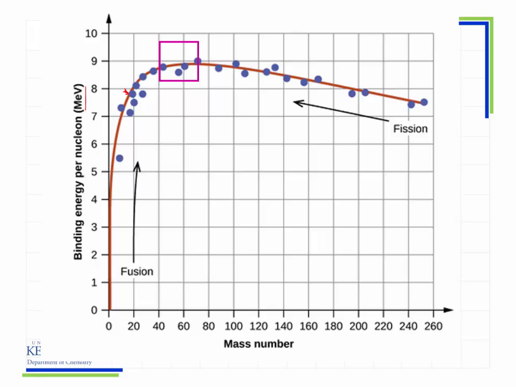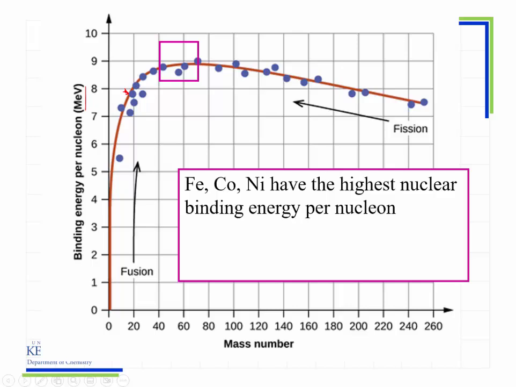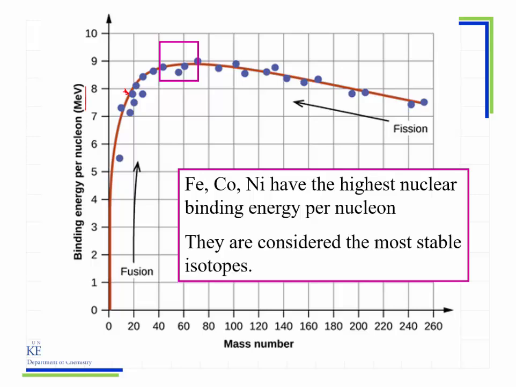Now, up here at the top where you see that pink box, these are the elements with the highest nuclear binding energy per nucleon. They require the most energy to pull apart. This is telling me that they are the most stable of all the isotopes.